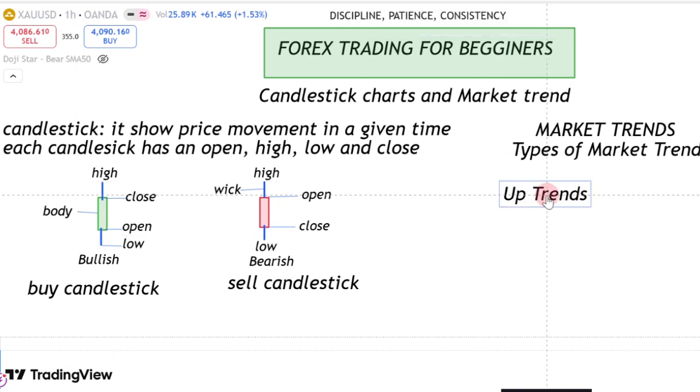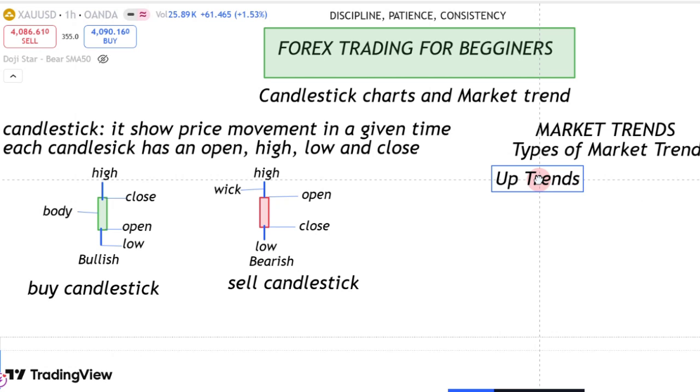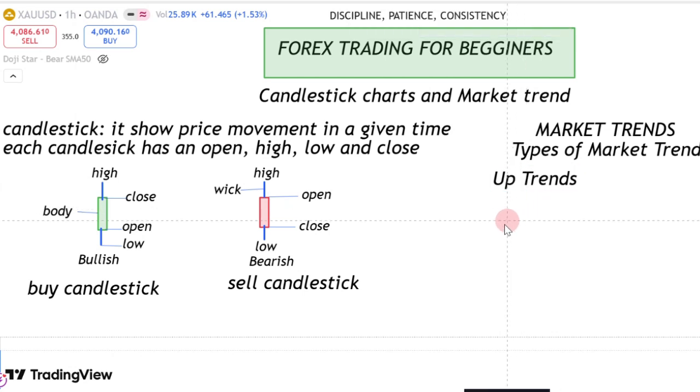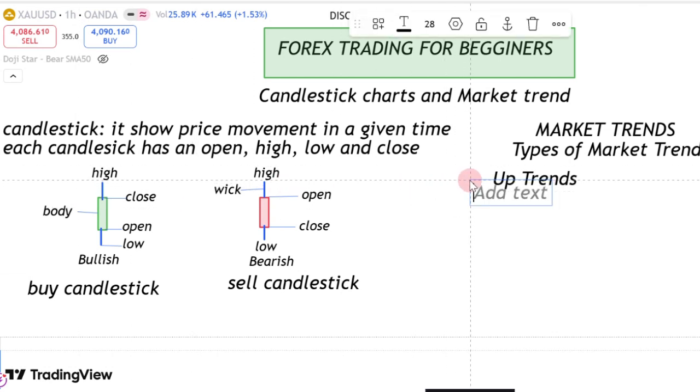Uptrend is when the market is going up. You identify that the market is going up, the market is bullish. It's when the market is forming higher highs, higher lows, higher highs, higher lows.